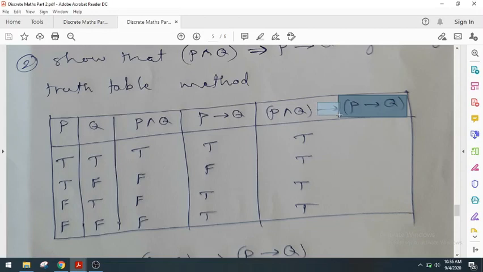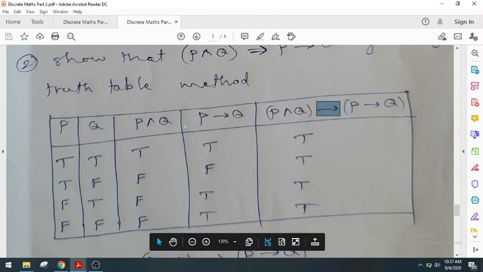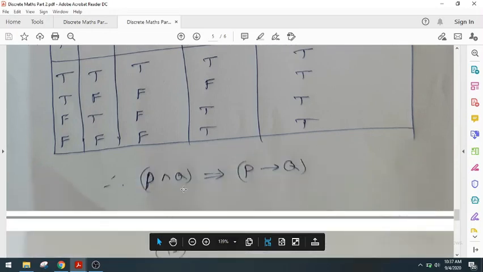So our operation is again if-then. It means look at T in P conjunction Q and F in P then Q. If there is TF, then we have F, otherwise T. Look here, clearly there is no TF, therefore all of them are T. Therefore we proved that P conjunction Q implies P then Q.